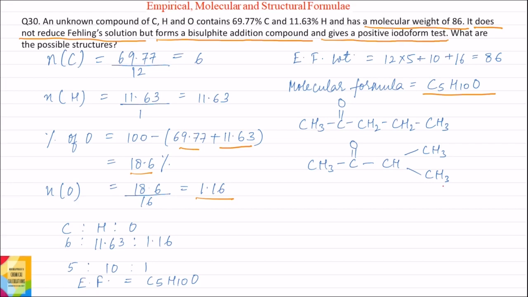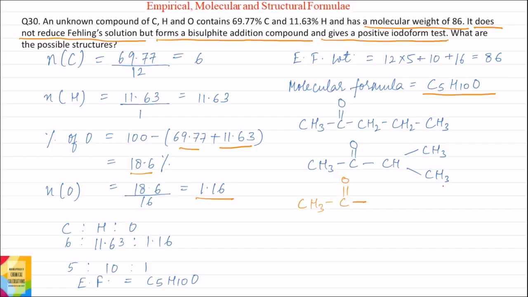Methyl ketone means the compound will have CH3CO group. Now its molecular formula has 5 carbons, 10 hydrogens and one oxygen. Now the CH3CO group accounts for 2 carbons, 3 hydrogens and 1 oxygen.